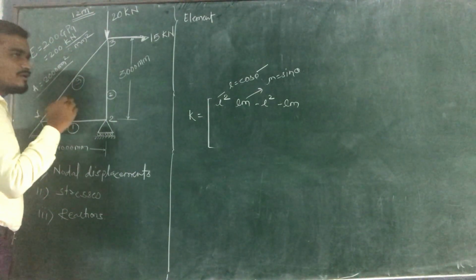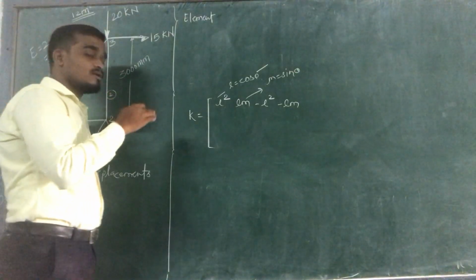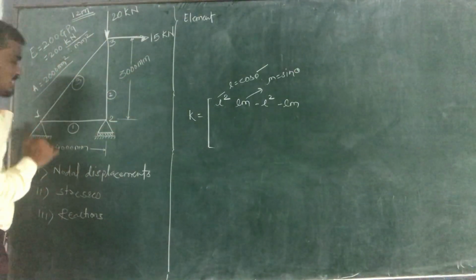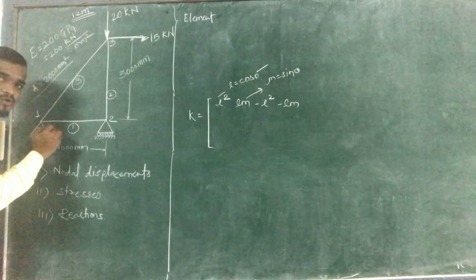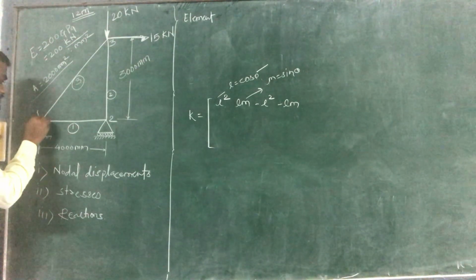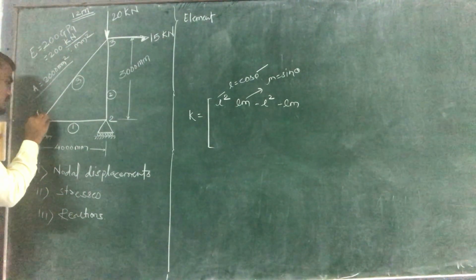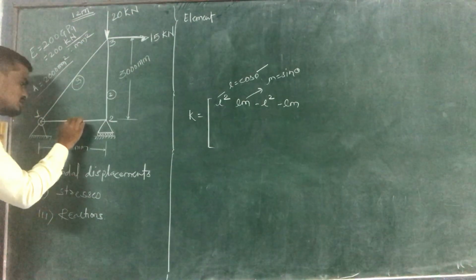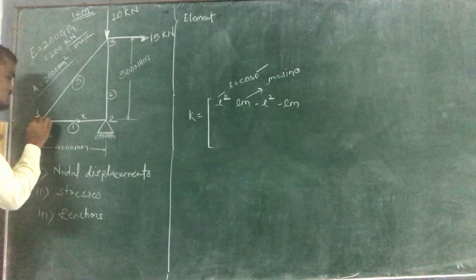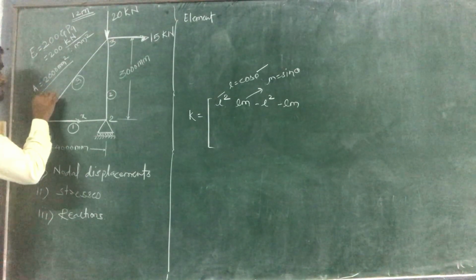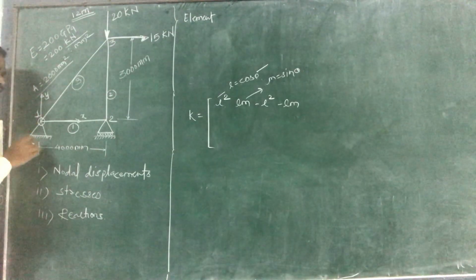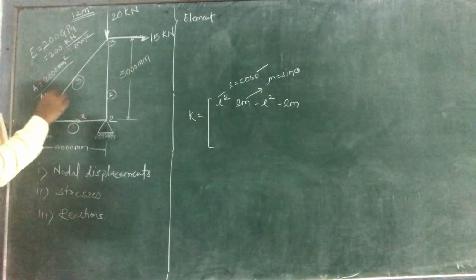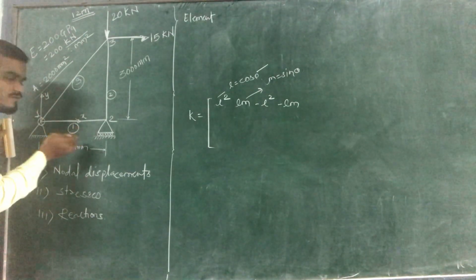For this we need to first get the global coordinate system. Node 1 is selected as the reference node, and at this node is your global coordinate system xy. According to this global coordinate system, we need to find our theta values for each element.